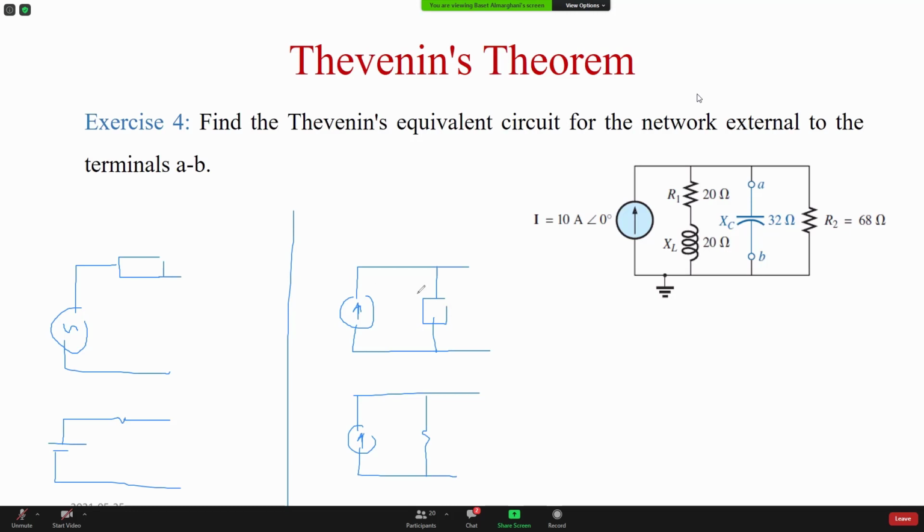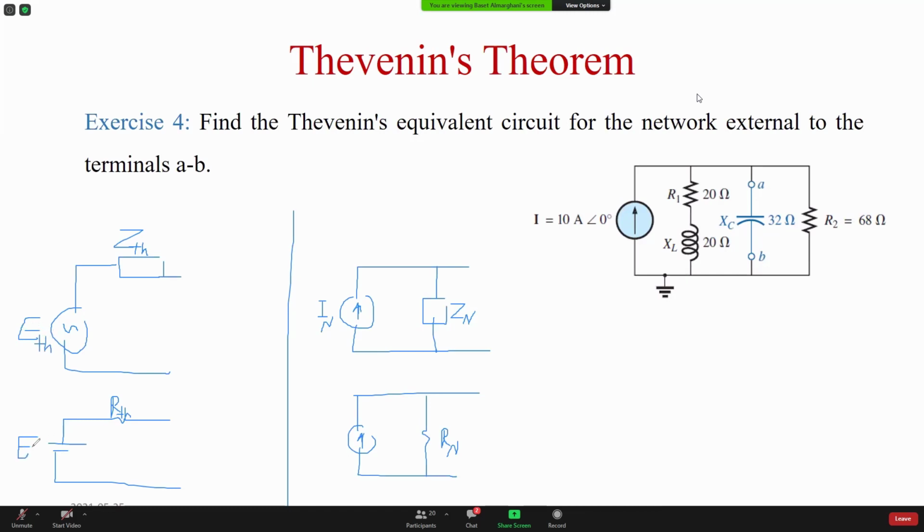What's the relationship between them? This Thevenin is actually the same as Norton. R in Thevenin is actually the same as R Norton, so it's the same way you find them. This is called I Norton. This is called E Thevenin, it's just the name of a guy.